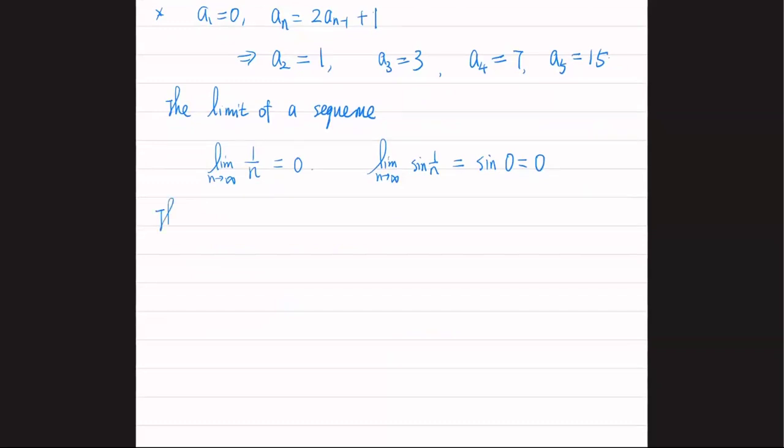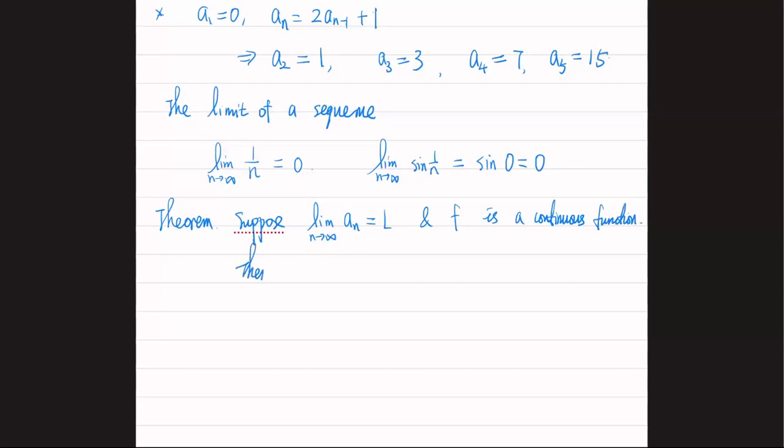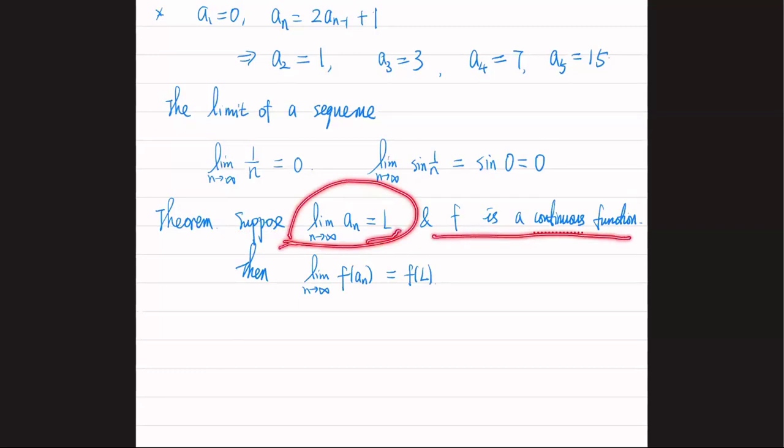Suppose we have a sequence whose limit is L, and we are given a continuous function.